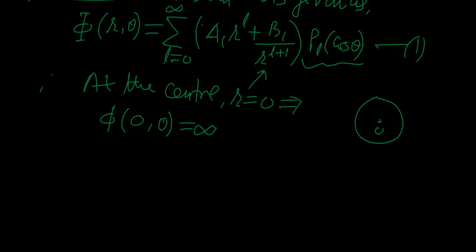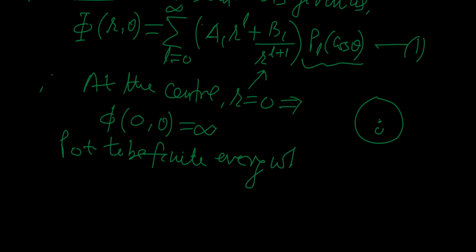For potential to be finite everywhere for r less than a, that is inside the sphere, BL should be equal to 0. And so, if BL is 0, what will be our solution?